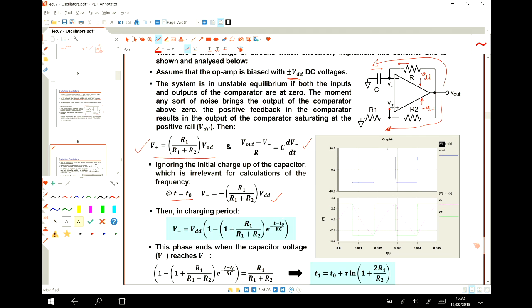It has the opposite sign because I assume that the output voltage is minus VDD. It is stable at this point.